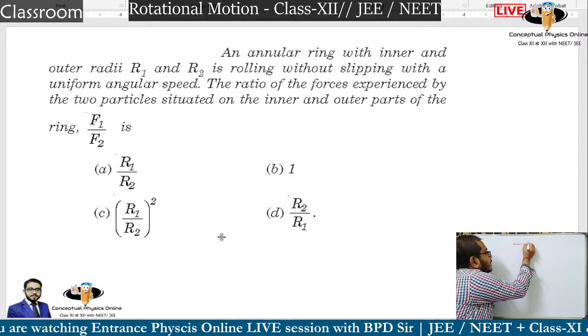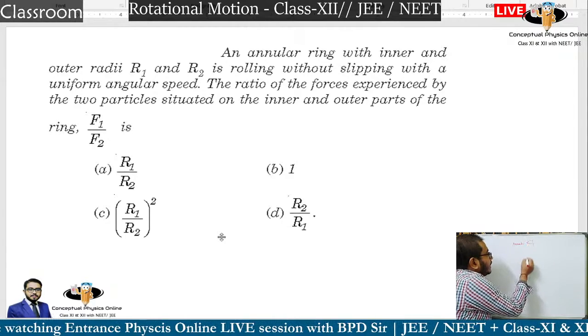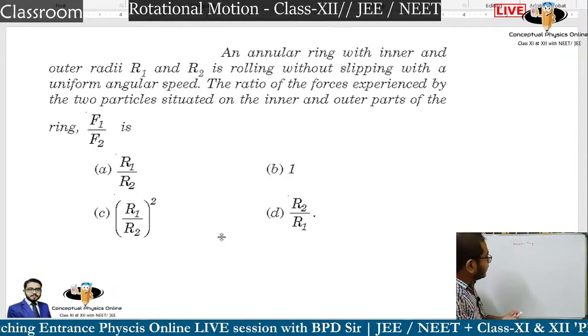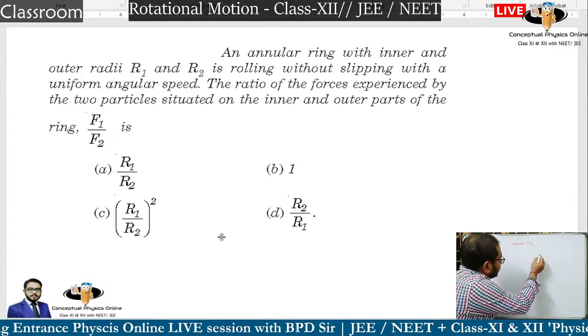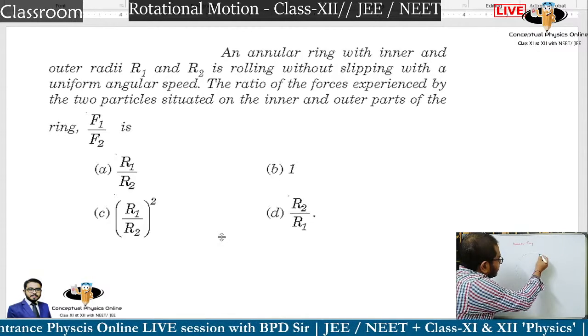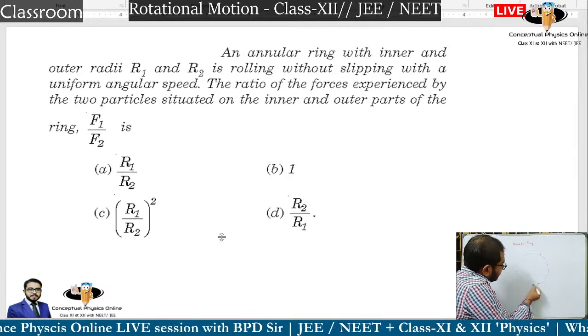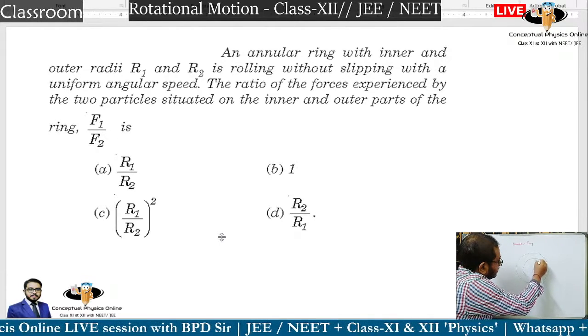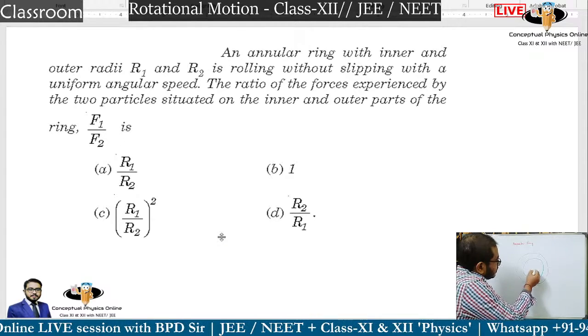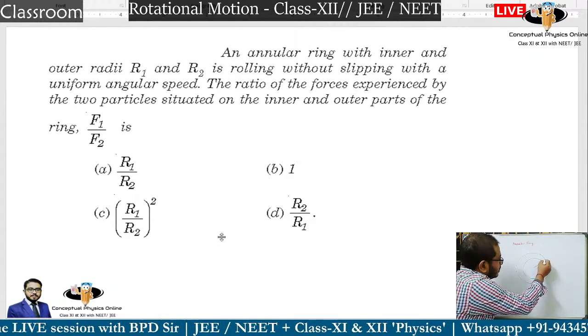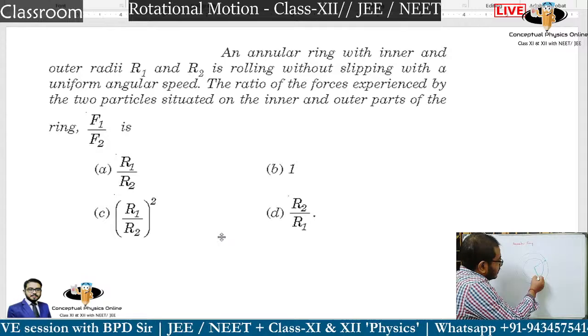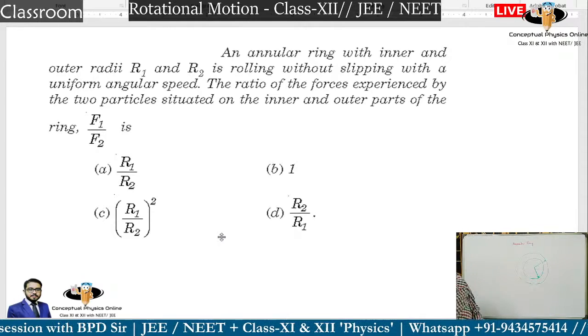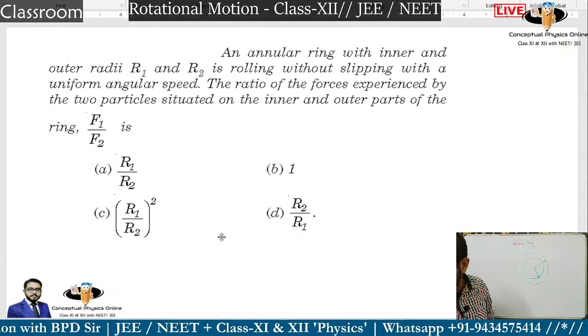Annular ring is there, and there is an inner radius and an outer radius for the same, right?